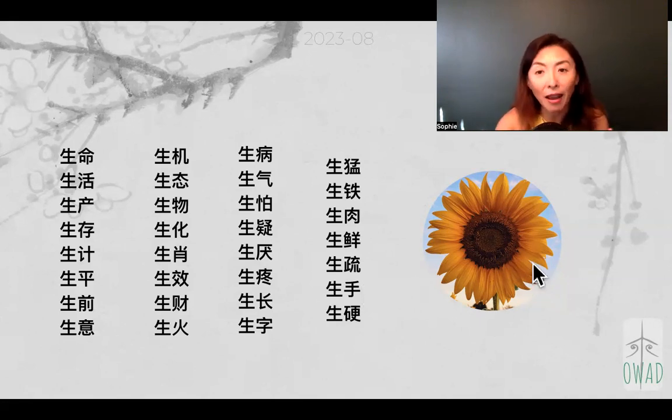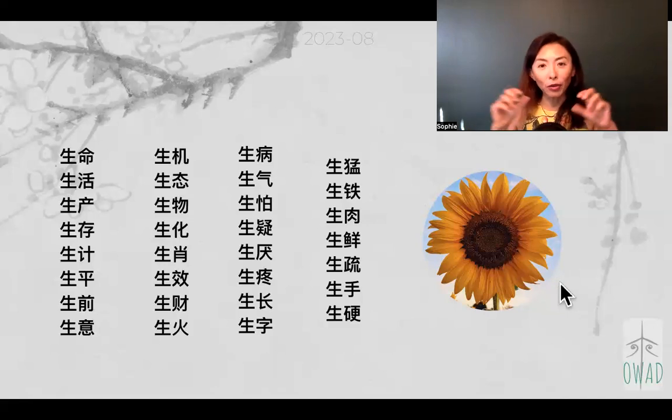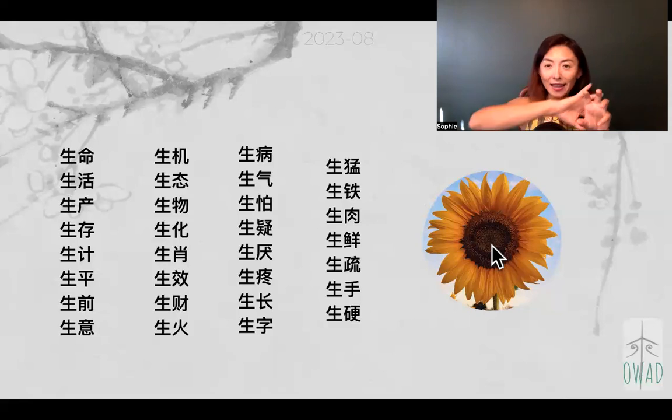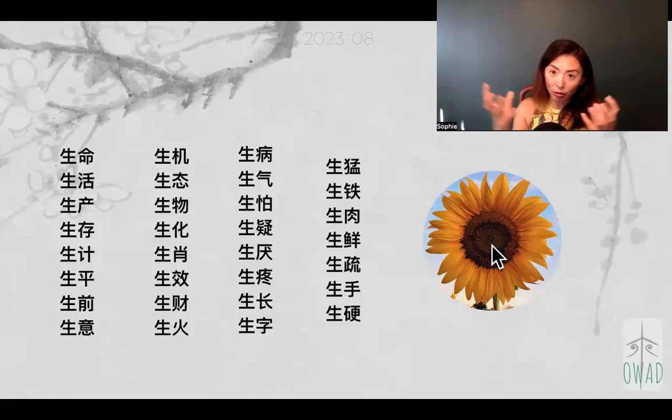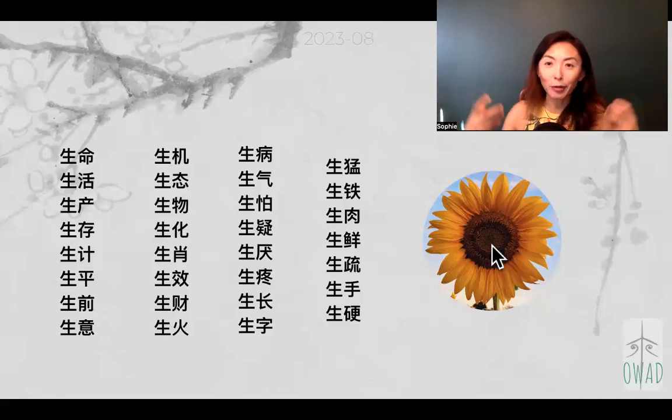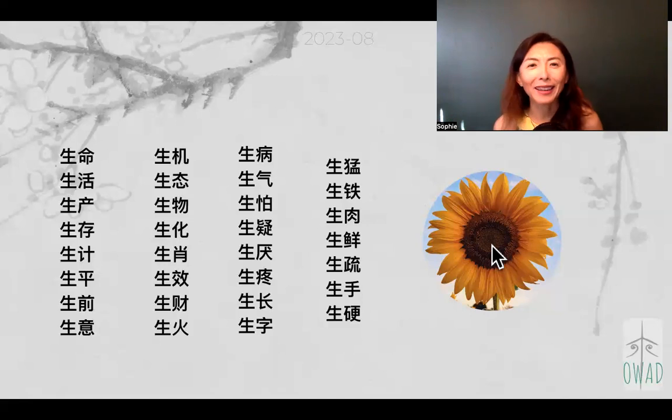And I'm using the sunflower image to try to give you a sense of it: imagine the 生 in the middle, and then it spokes out. It can go into different dimensions simply by connecting with another Chinese character and creating a second, combined meaning.